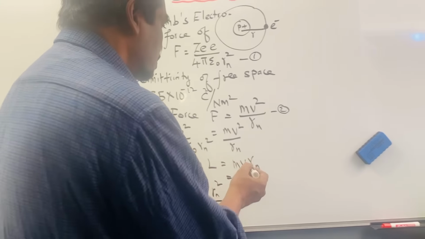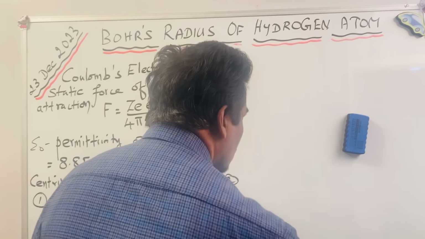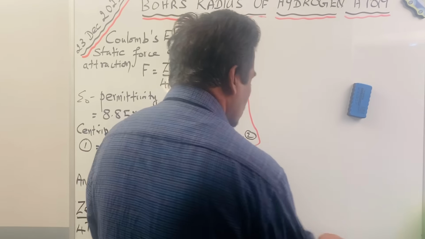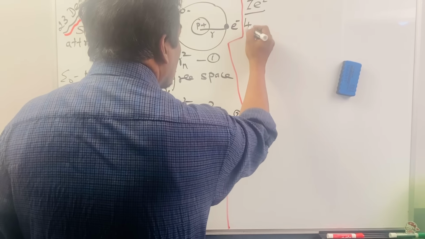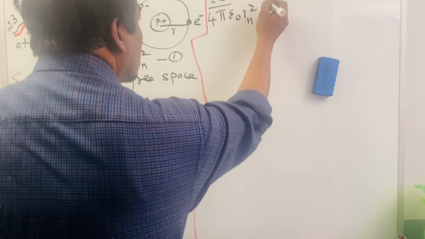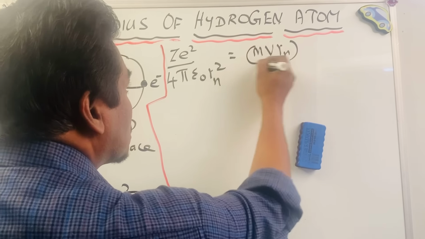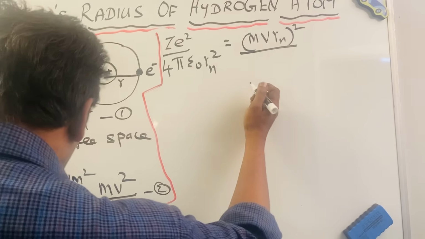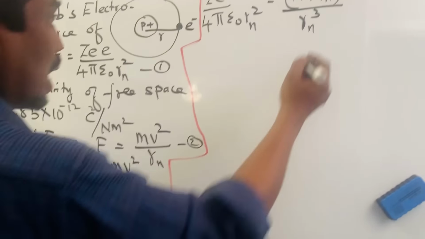Now you can see Z E square over 4 pi epsilon 0 r n square will be equal to m times m square v square r n square, so I can say m v r n all square, over r n cube and m.